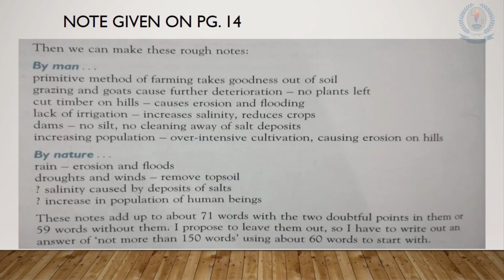Right? So these notes add up to about 71 words with the 2 doubtful points. Right, children? So you have to write a summary of not more than 150 words. But with these points, the points that we have made, the list of themes and this note we've been given, we can start writing a summary that will be on the minimum side of 60.